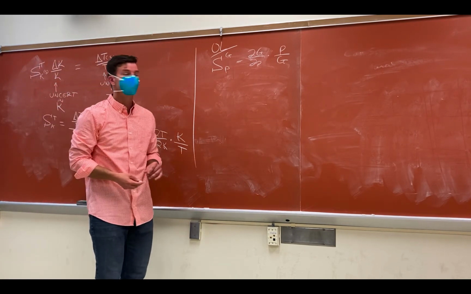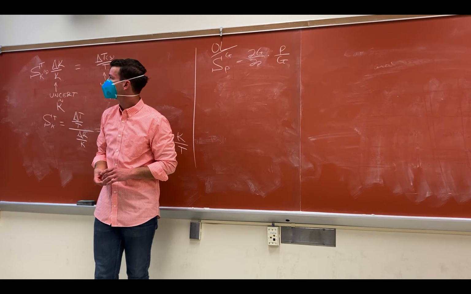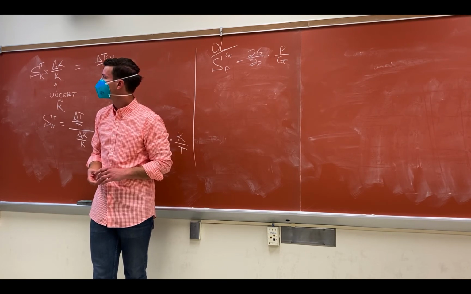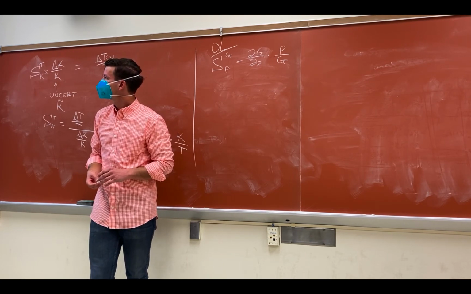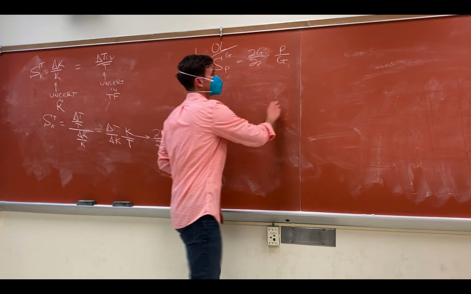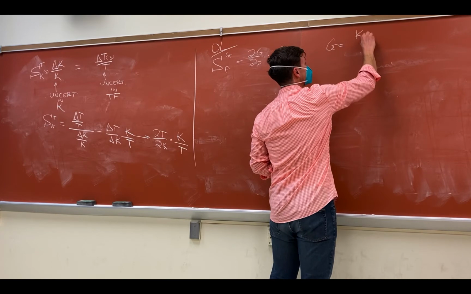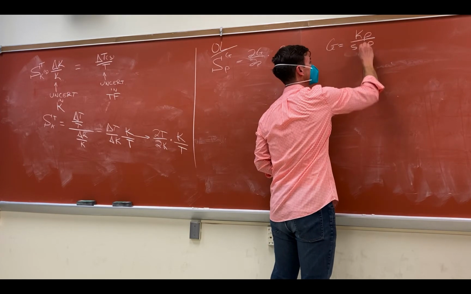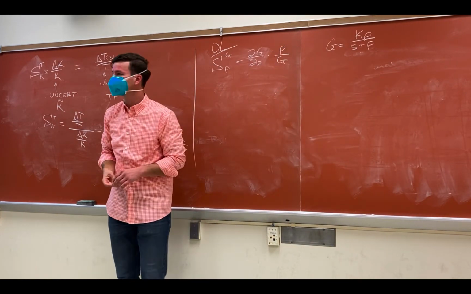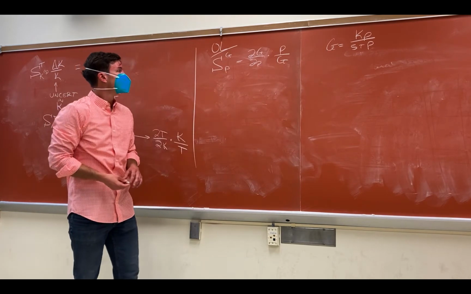So partial G, partial P, is that easy or hard? How should we do this? So G is what? K times P over S plus P. That might be a little easier. Fewer nested fractions. All right.